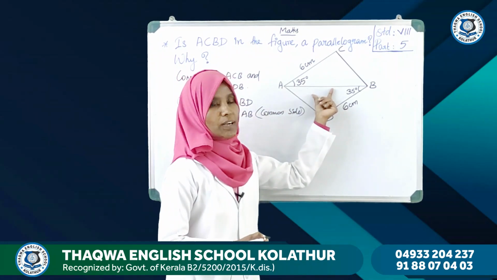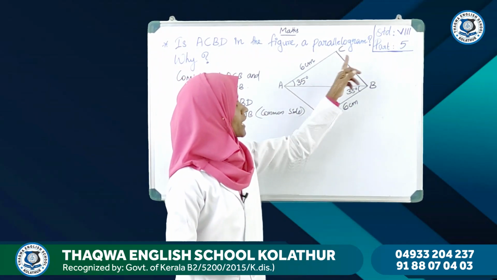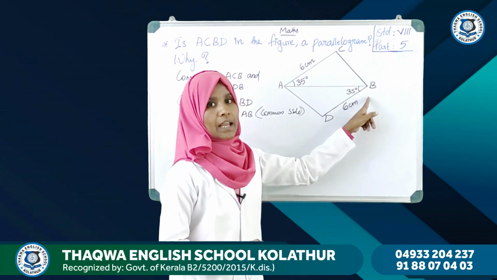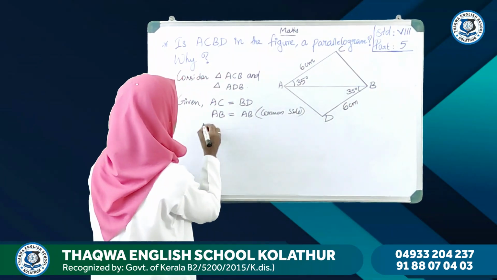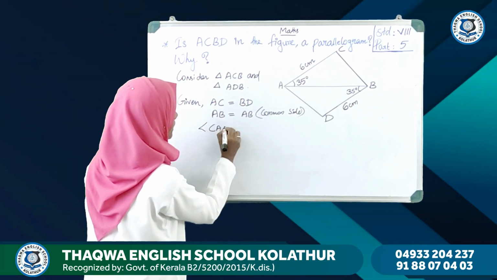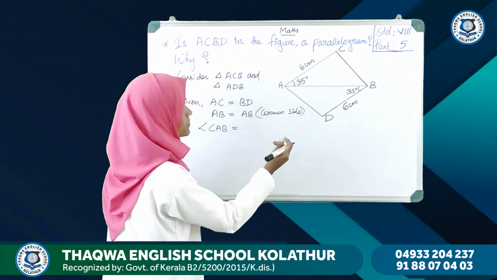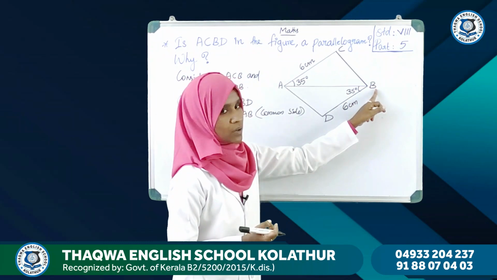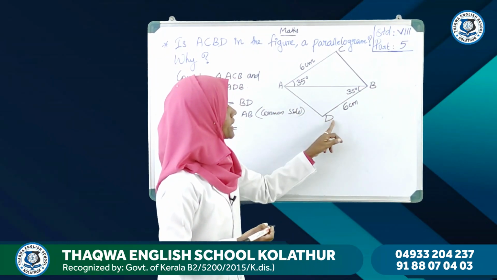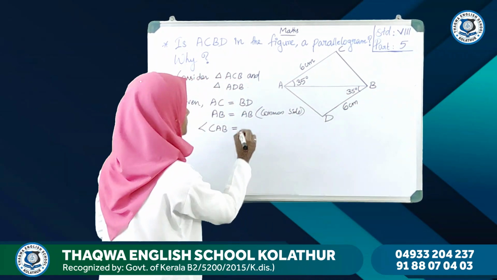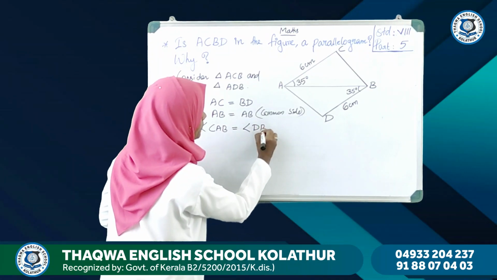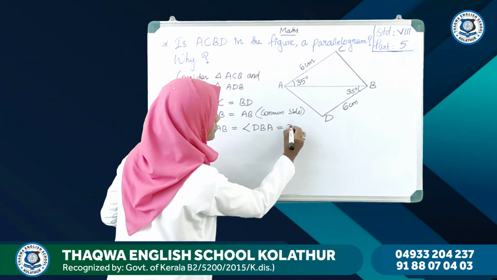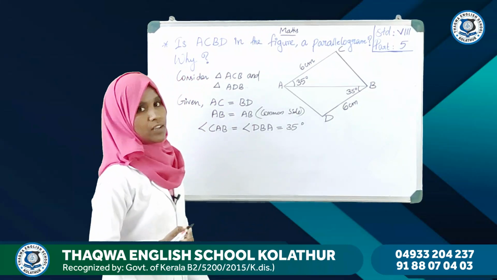AB is the common side of both triangles, triangle ACB and triangle ABD. Next, angle CAB equals angle DBA. This is 35 degrees.